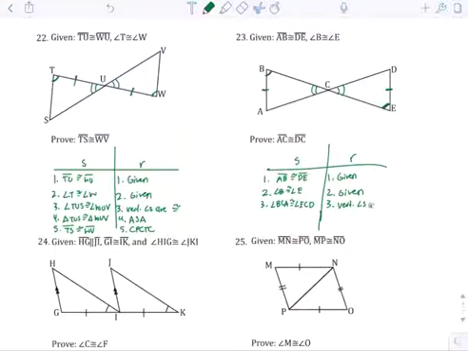Vertical angles are congruent. Now we have the triangles are congruent. So triangle BCA is congruent to triangle ECD by angle side angle. And lastly, AC is congruent to DC because of CPCTC.